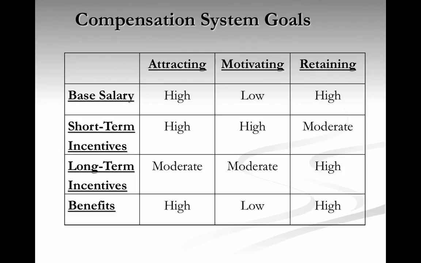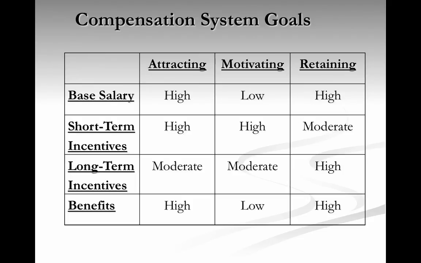So when we think about what our goals are in using compensation, recognize that we have several different kinds of factors that we're trying to predict. We're trying to attract people, motivate people, and retain people. And there are 4 different kinds of pay that we can utilize: base pay, short-term incentives, long-term incentives, and benefits. So your pay for performance is really that stuff in the middle.